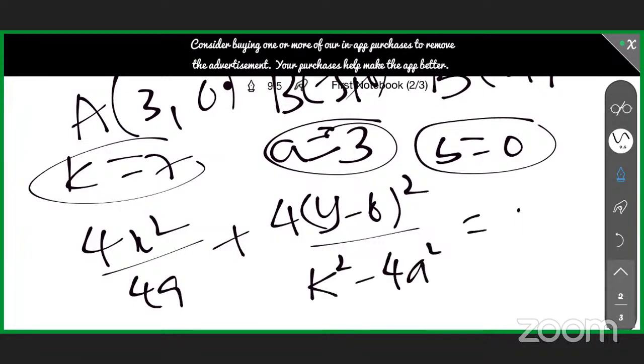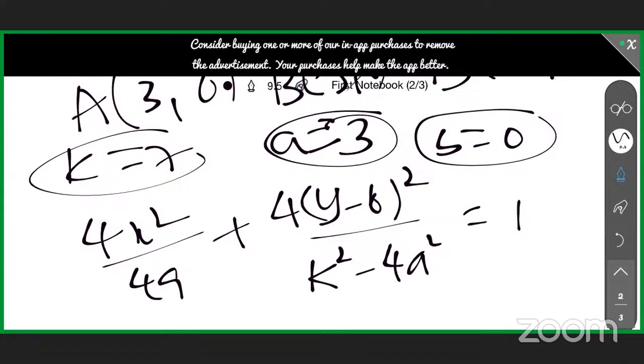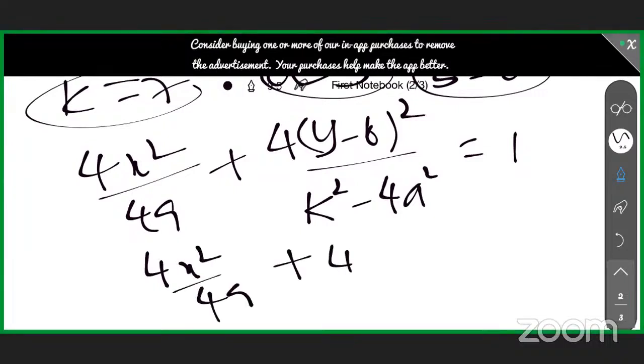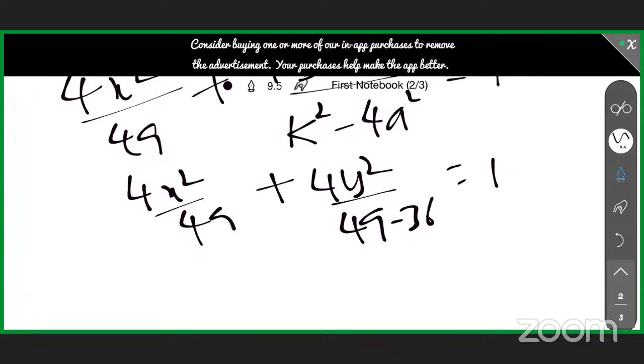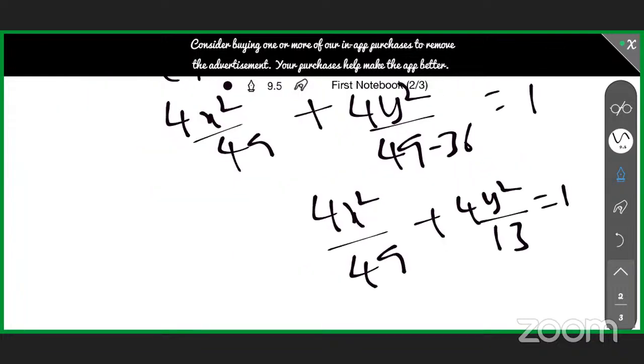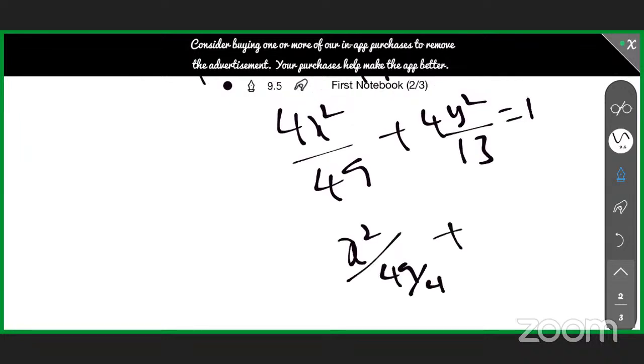So it will be 4x square by 49 plus 4y square by 49 minus 36 is equal to 1. This will be 4x square by 49 plus 4y square by 13 is equal to 1. If you want to simplify further, you can simplify into x square by 49 by 4 plus y square by 13 by 4 is equal to 1.